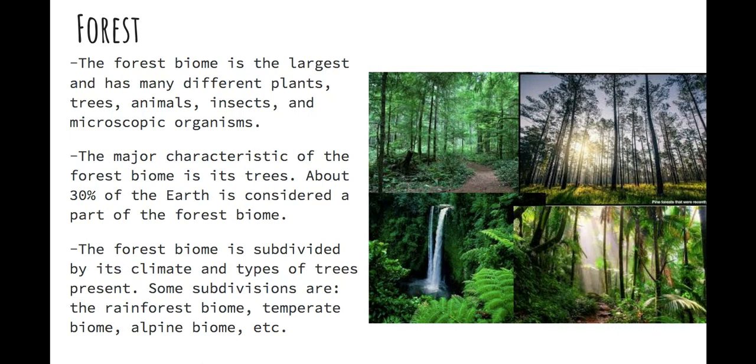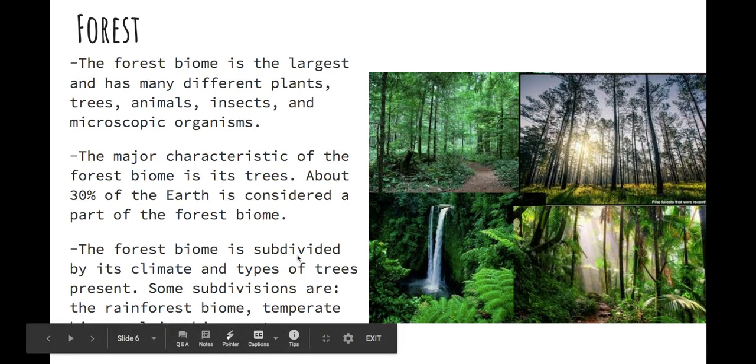Okay, the forest biome. The forest biome is the largest and has many different plants, trees, animals, insects, and microscopic organisms, so small, little, tiny living things. The major characteristic of the forest biome is its trees. About 30% of the earth is considered a part of the forest biome, so that's a huge part of the earth.